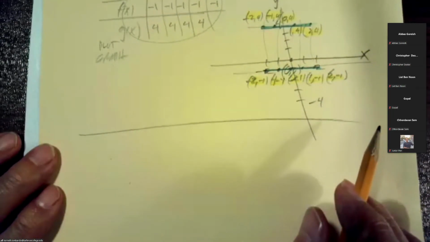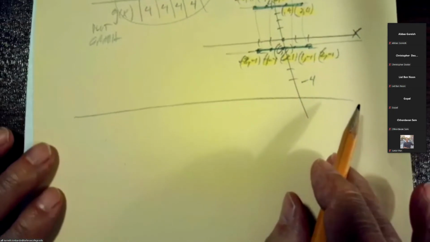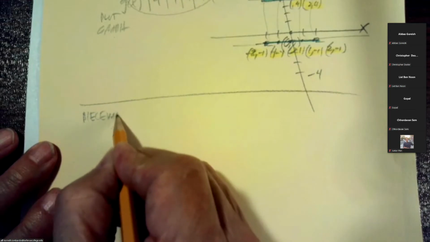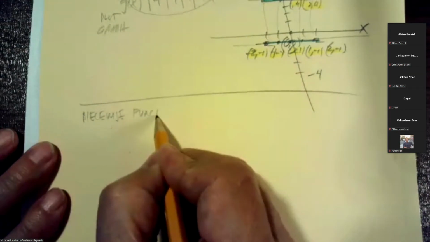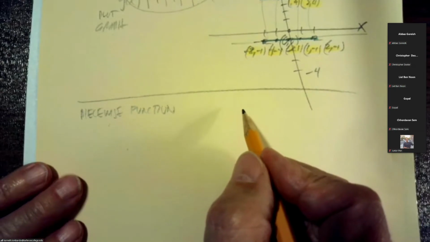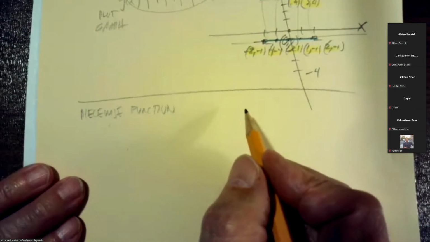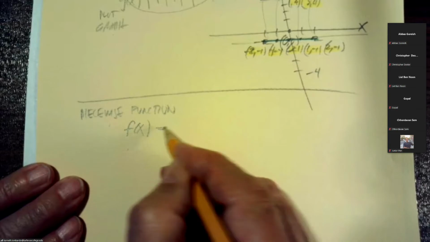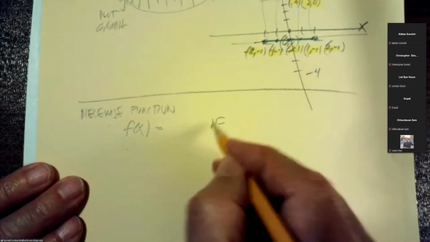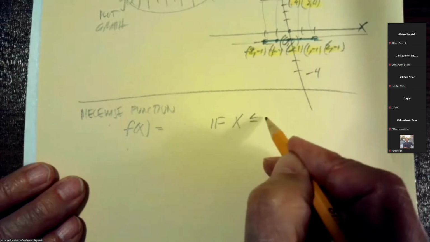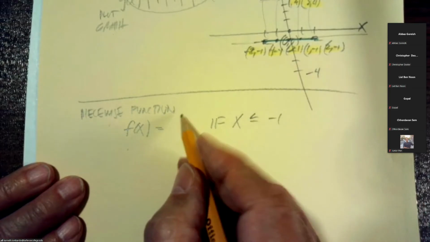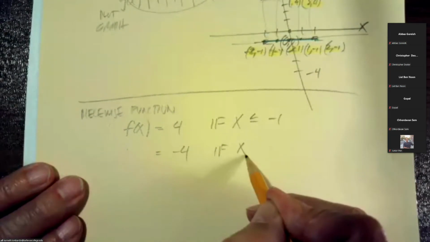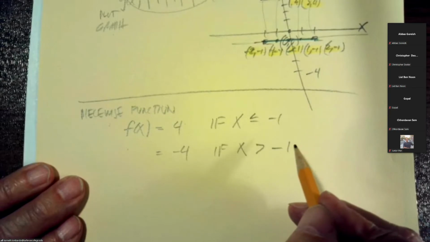Okay. If I give you, you remember the term piecewise function? Remember how that works? If I say f of x equals some value if x is, say, less than or equal to -1, maybe it's 4, and maybe it's -4 if x is greater than -1.